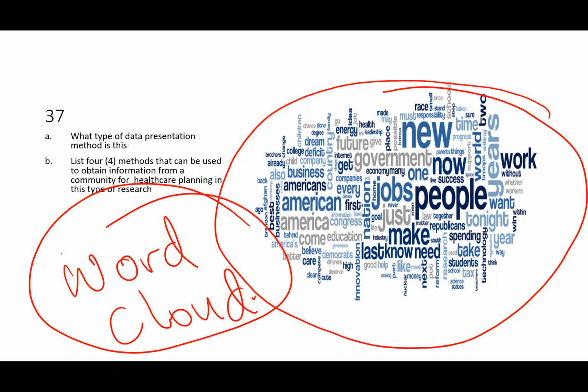Then B, list 4 methods that can be used to obtain information from a community for healthcare planning in this type of research. Four methods that can be used to obtain information from a community.